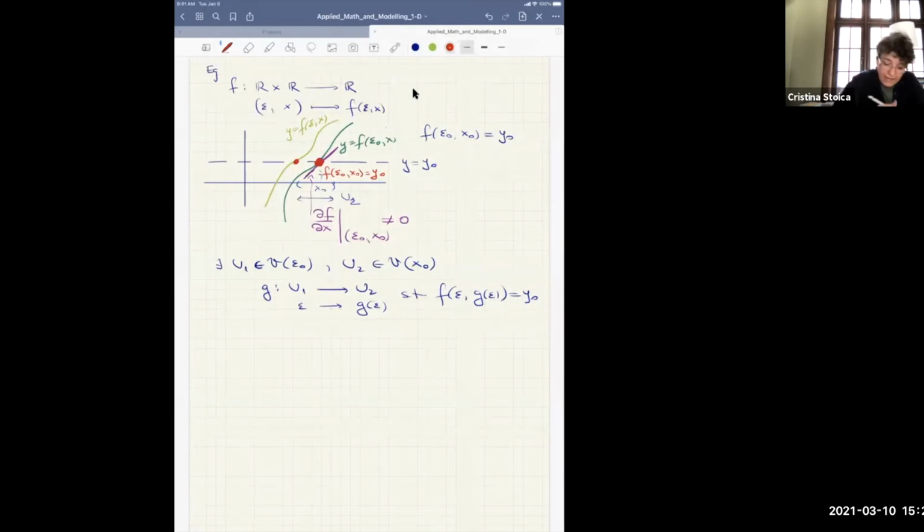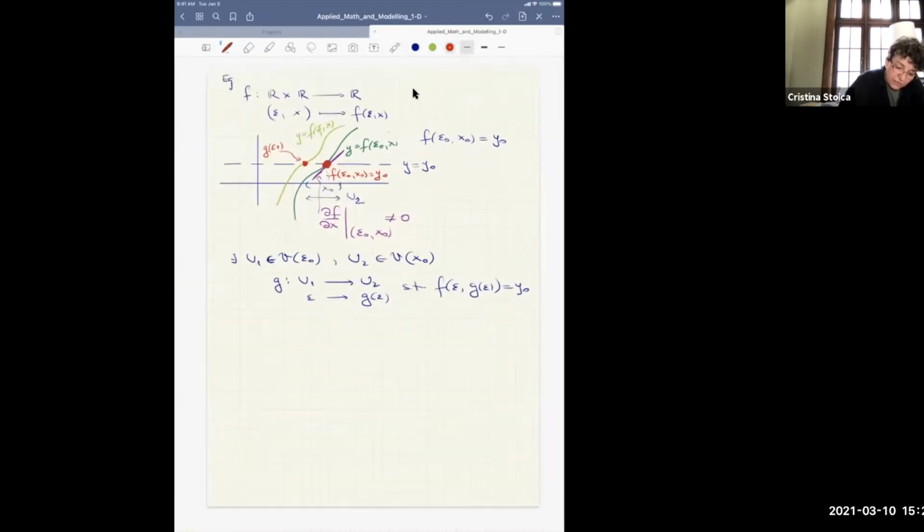And this point here we can give a name: it's actually g of this epsilon. If you want, I can call this epsilon 1, so this would be g at epsilon 1. Then if I take another epsilon, epsilon 2, I will get another root somewhere here.